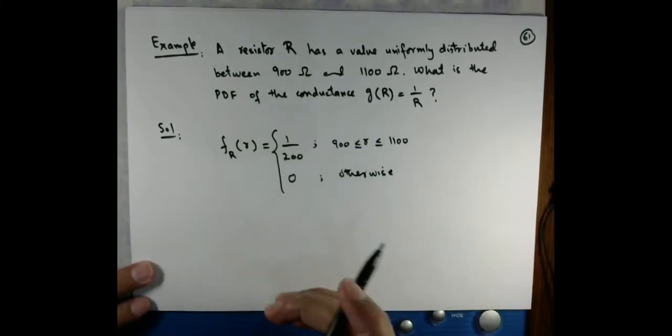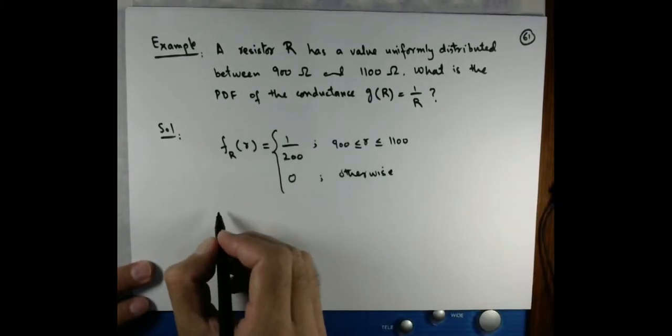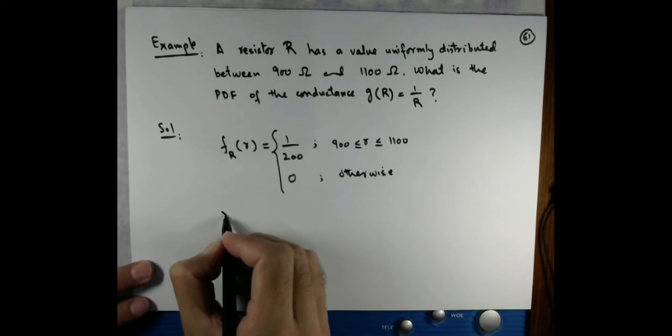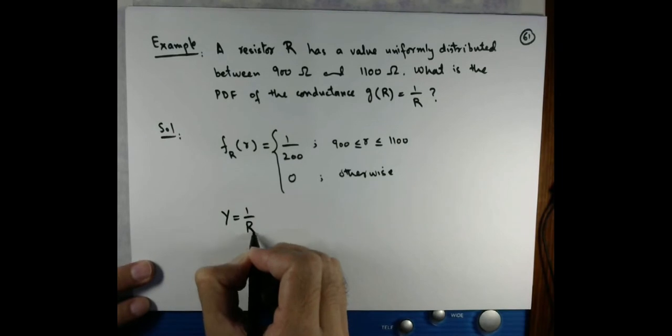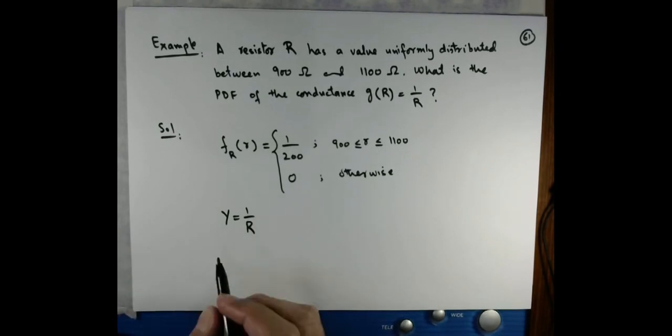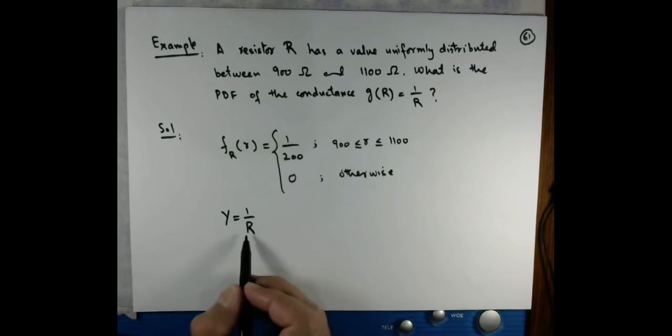Now we are asked to find the PDF of, say, the derived random variable Y, which is given as 1 over R. So I say my derived random variable is Y, and its functional relation with R is simply given as such.